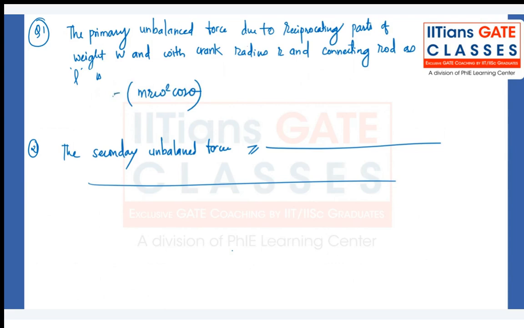Secondary unbalanced force is MR omega square cos of 2 theta by n, and the primary unbalanced force is MR omega square cos of theta.